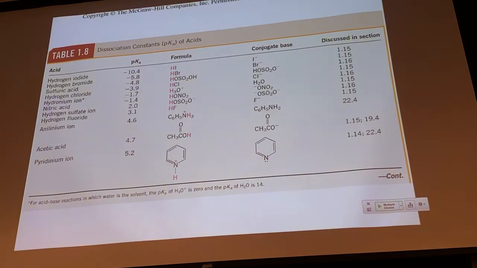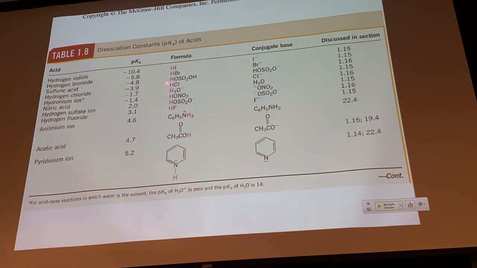So another way we could look at it is to say that the transfer of a proton from an acid to any conjugate base that appears below it in a pKa table will be favorable. We have HCl here. Water is one row below it in the pKa table, so we know that's going to be a favorable proton transfer.